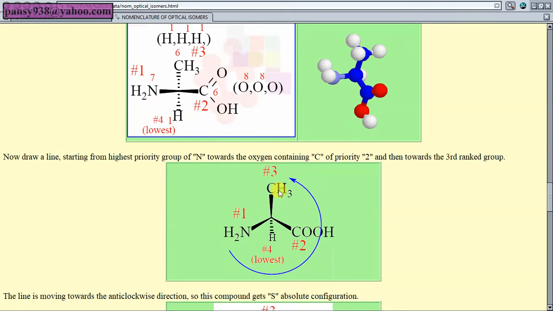So if an imaginary line is drawn in your mind or on paper, you see that a line is there to represent the stereochemistry of the compound. This line is going from first priority to second priority, and from there to third priority. So we have to rotate this line in this direction.